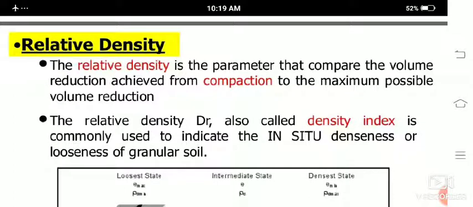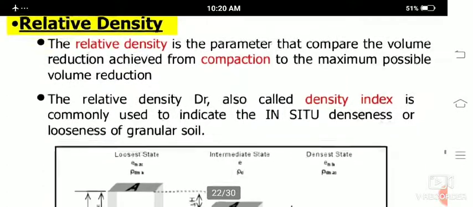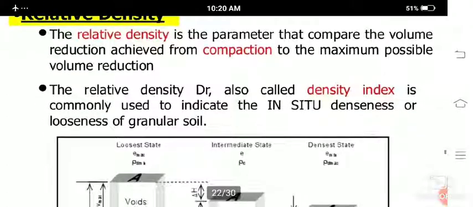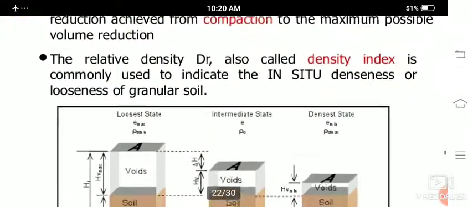Next is relative density. As you all know, this relative density parameter is used to compare volume and the compaction of any volume reduction. Relative density is denoted by Dr, and it is also called an index property, as these index properties are mostly for different types of soil, either loosened soil or granular soil.